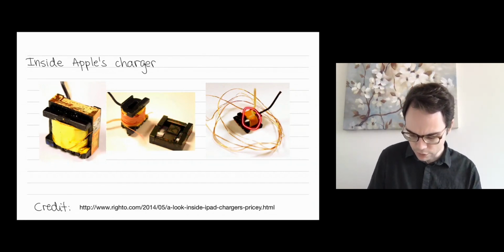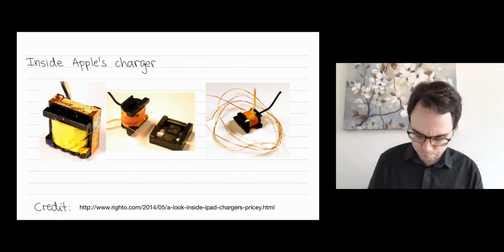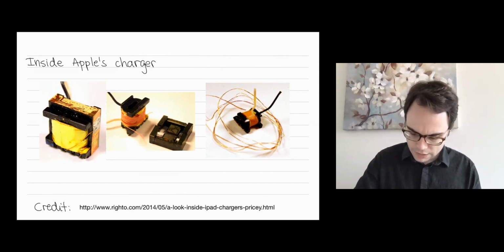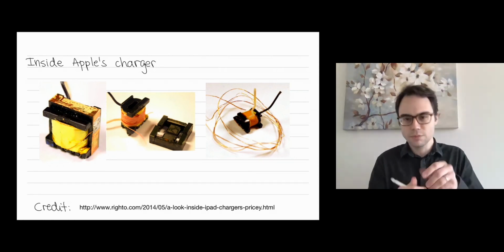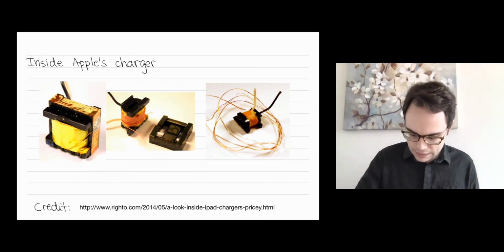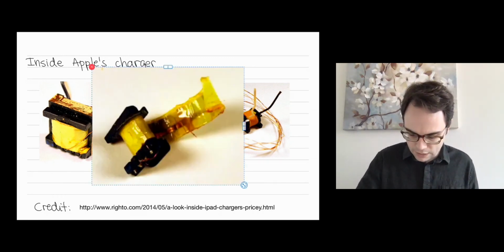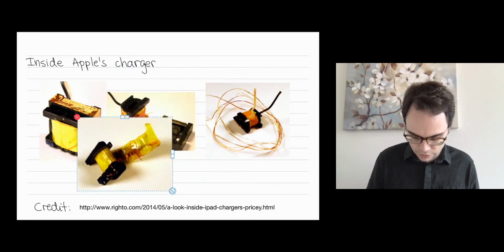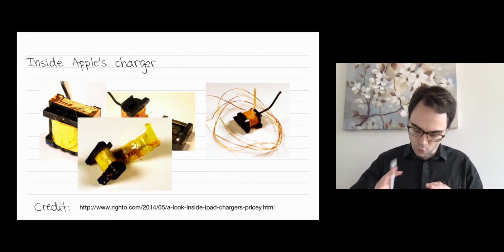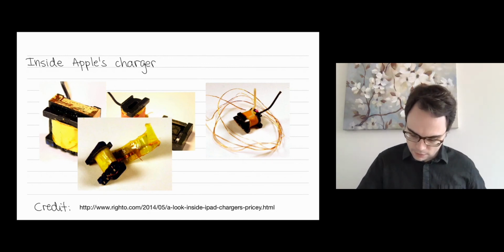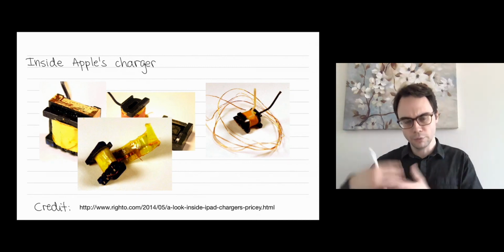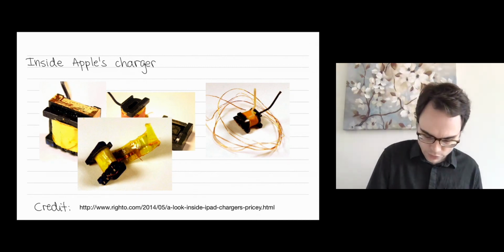This wire looks thicker because it's insulated. Next up, if we continue, just fiddling with this by hand, if we unwind the inner winding, this is the blue wire. If we take it off, we're left with more tape.